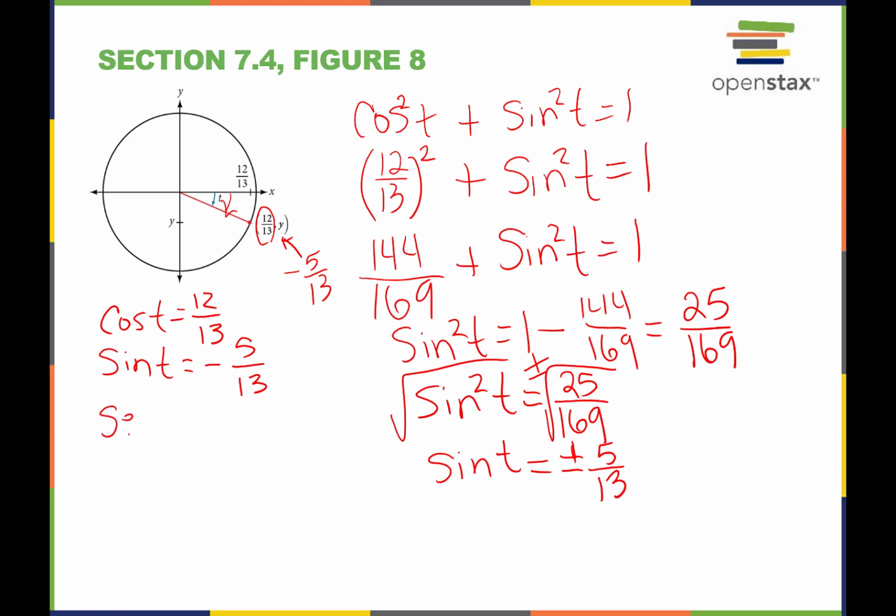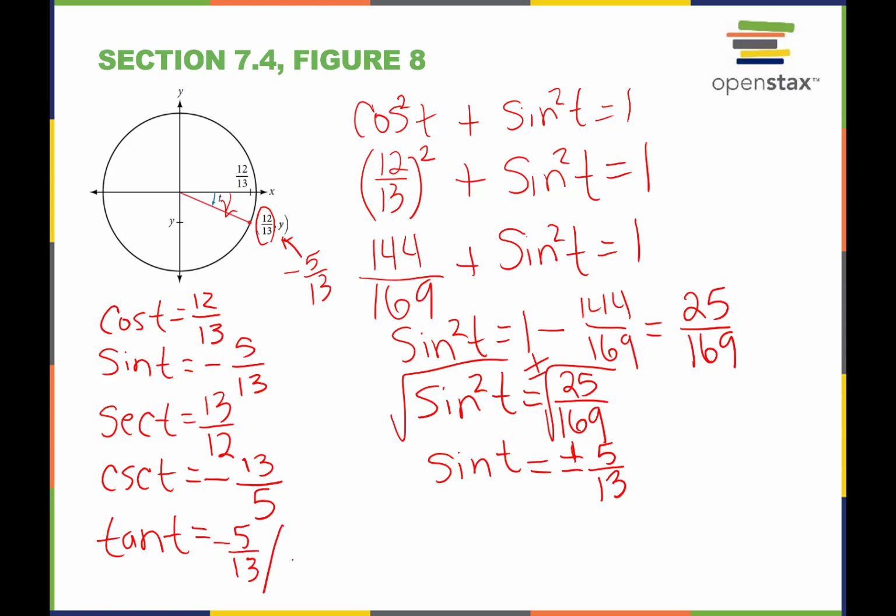I know that secant of the angle is the reciprocal of cosine, so that's 13 over 12. Cosecant is the reciprocal of sine. So that gives me minus 13 over 5. I know that tangent is the y-coordinate over the x-coordinate. So I'm going to take minus 5 over 13 over my x-coordinate, which is 12 over 13.